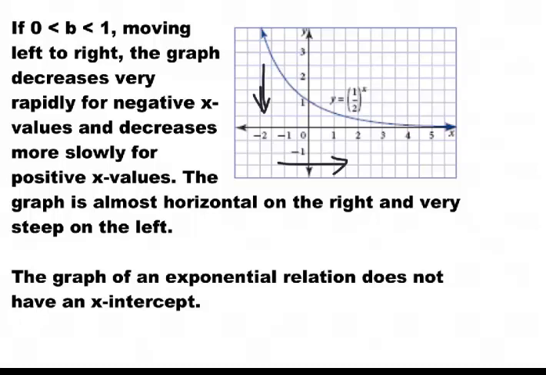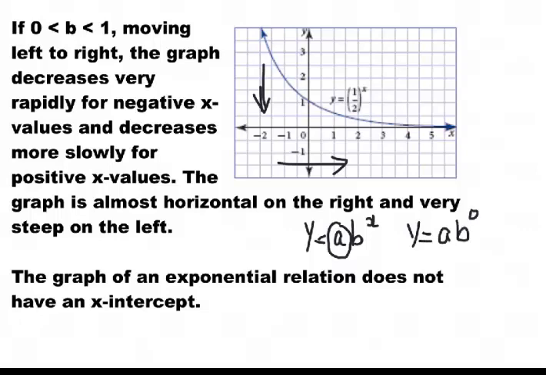The other property of an exponential graph of the form y is equal to a b exponent x is that the y-intercept here is always equal to a. The reason is that the y-intercept is when x is equal to 0. So this becomes y is equal to a b exponent 0.